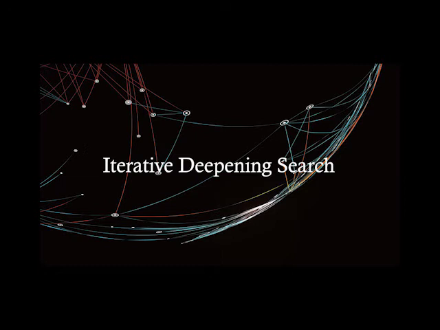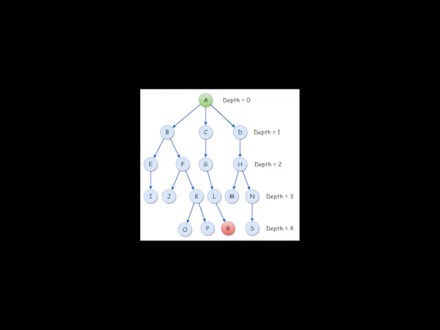Okay, iterative deepening search. It is a search strategy in which a depth-limited version of depth-first search is run repeatedly with increasing depth limits, with a starting depth limit of 0, until the goal is found.